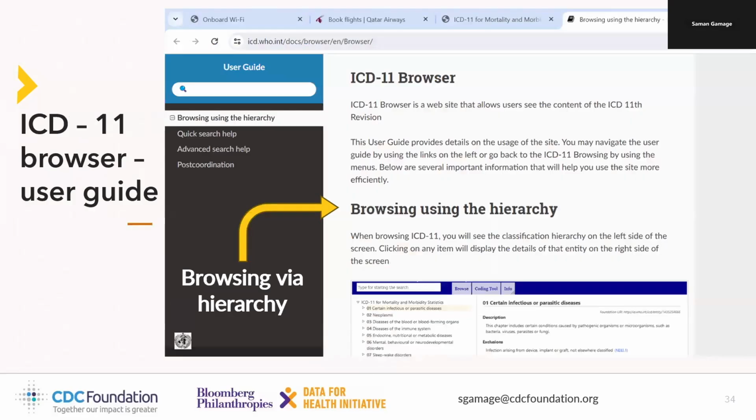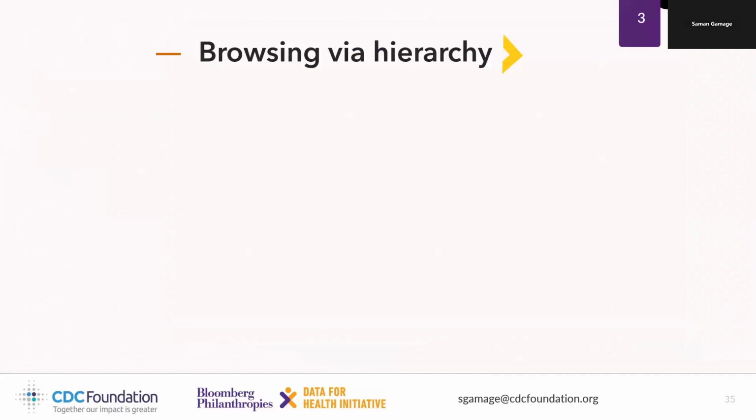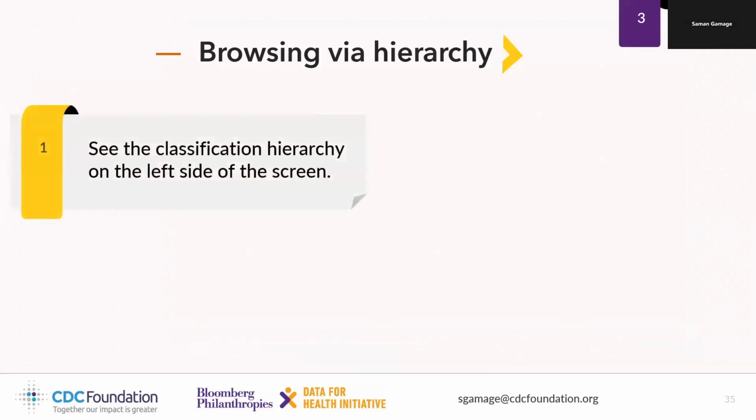The other method is browsing via hierarchy. The third method, which is not the quickest way to search for a disease, but it can be helpful. See the classification hierarchy on the left side of the screen.